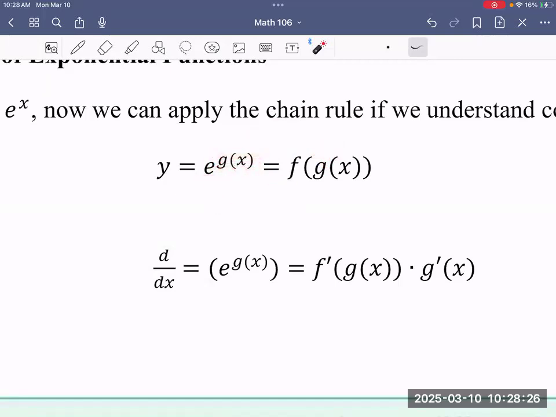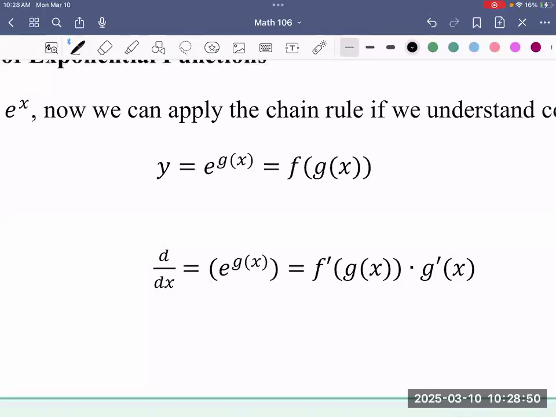Pairing that with your chain rule, if we're doing the derivative of e to some exponent, we derive the outside function first. So take the derivative of the outside, e to the g of x, keeping the g of x exactly the same, and then you derive your inside function, that is the exponent.